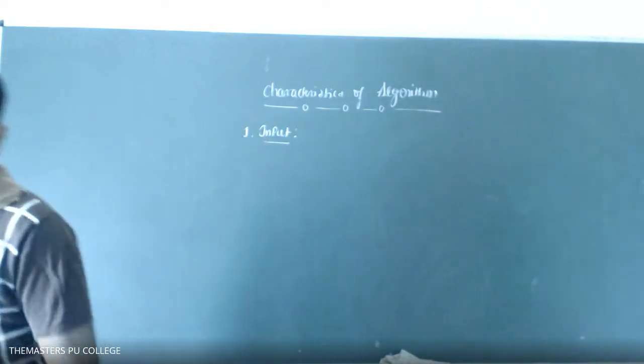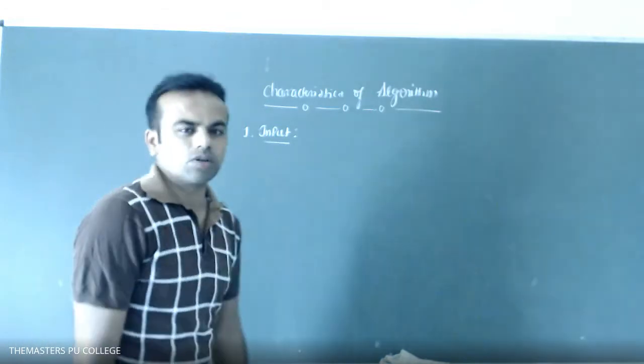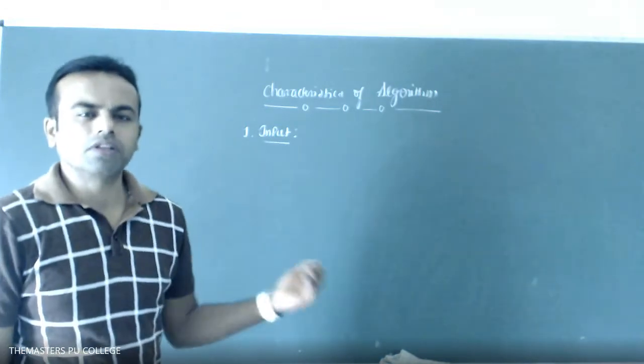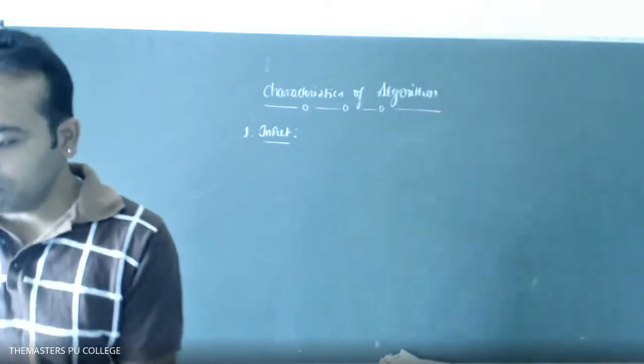What do you mean by input? The raw data which we give to process and give out. What you want to solve, first we give the input. So write down: input.